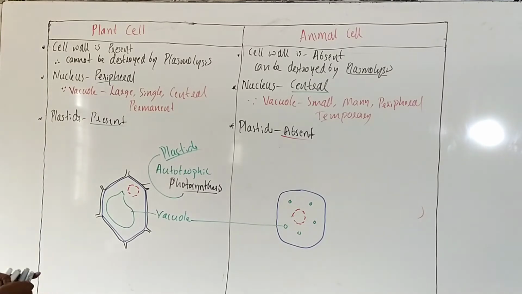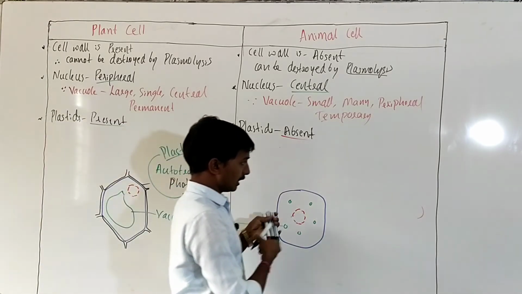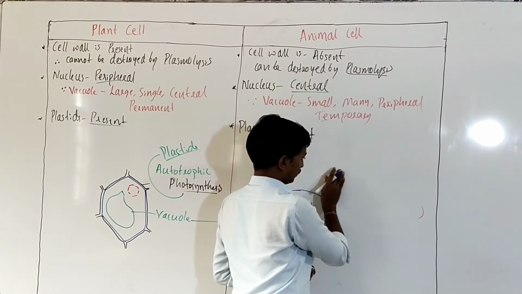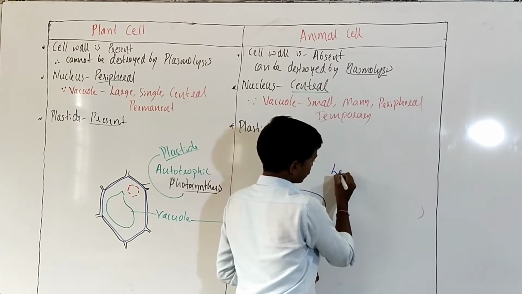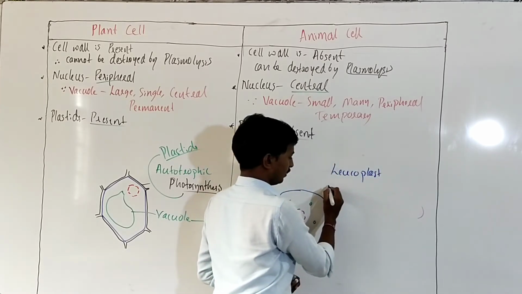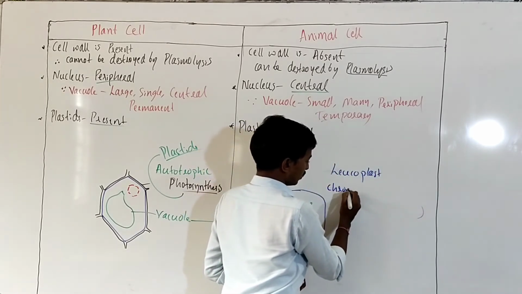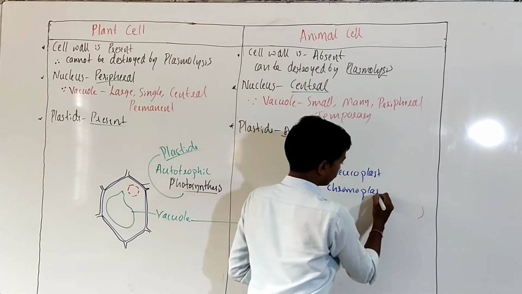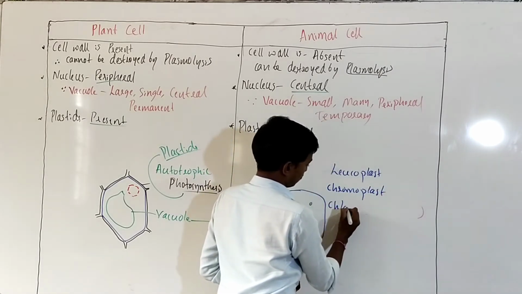Then what are plastids here? Plastids are either leucoplast, chromoplast, or chloroplast.